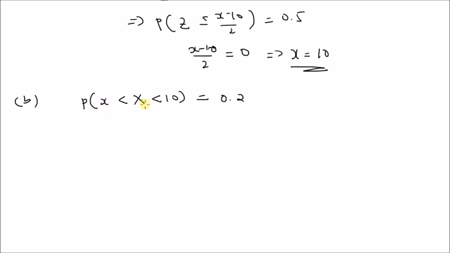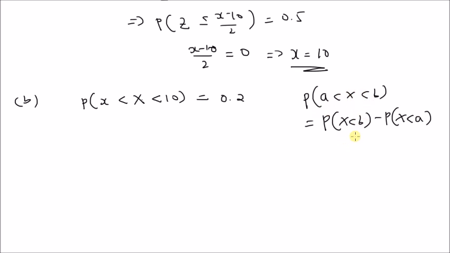This can be accomplished by using the formula probability of a less than X less than b is equal to probability of X less than b minus probability of X less than a. So the probability of an interval is equal to the difference between the probabilities at the extremes. So we have probability of X less than 10 minus probability of X less than lowercase x, the unknown value, is equal to 0.2.